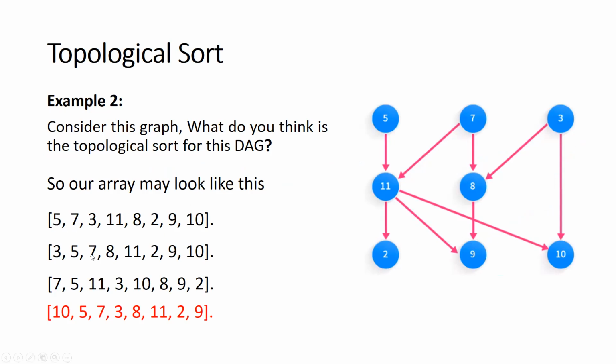All of these lists are a topological sort except the last one, the red one, which is not. Why? It starts with 10, and 10 depends on 3 and 11. This violates the condition that if u points to v, u should appear before v in the topological sort.